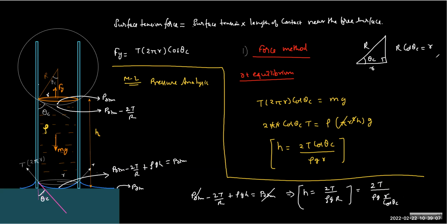You can see that both answers are exactly the same. So there are two methods of derivation, and I suggest being good with the force method for various reasons, but also be good with the pressure analysis method because that is more often employed in a variety of situations. I hope this is clear to all of you.